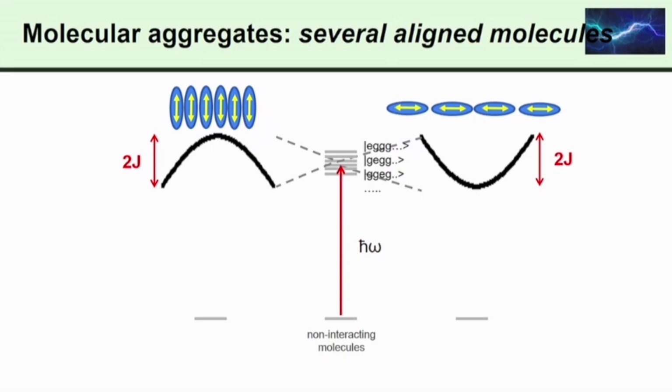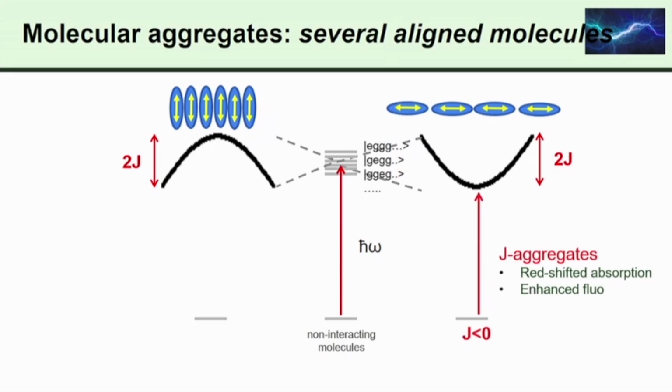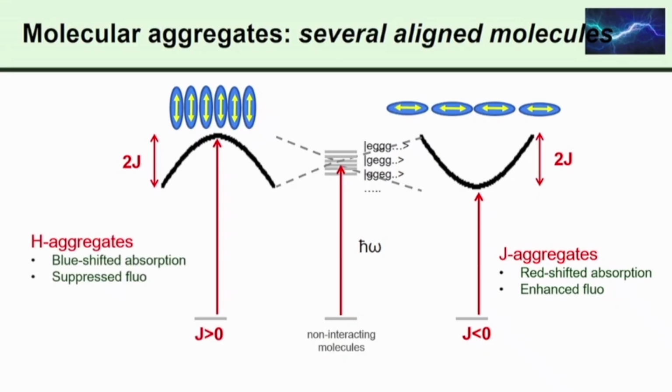But the point is that in optical spectroscopy, only the in-phase combination of the transition dipole moments gives rise to absorption. So here you have, again, red-shifted absorption and the fluorescent state. So again, J aggregate. And in the other situation, in this kind of geometry, you have blue-shifted absorption and no fluorescence because the system, when it reaches here, collapses very rapidly there. And so you don't have any emission in this case.